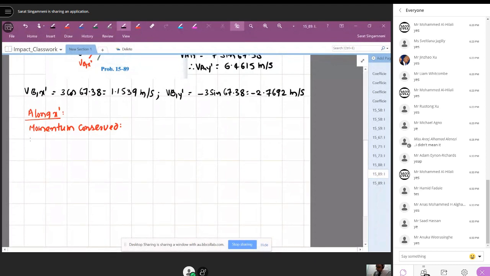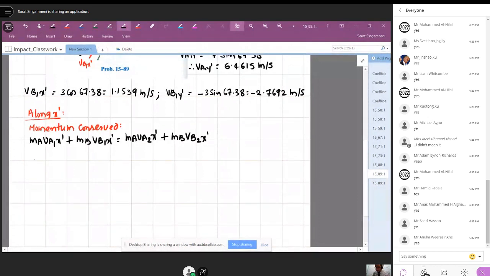So what we have now is mass of A times VA1 x dash, which is the initial momentum, plus mass of B times velocity of B1 x dash, is equal to mass of A times velocity of A2 x dash, the final velocity, plus mass of B times velocity of B2 x dash, which is final.